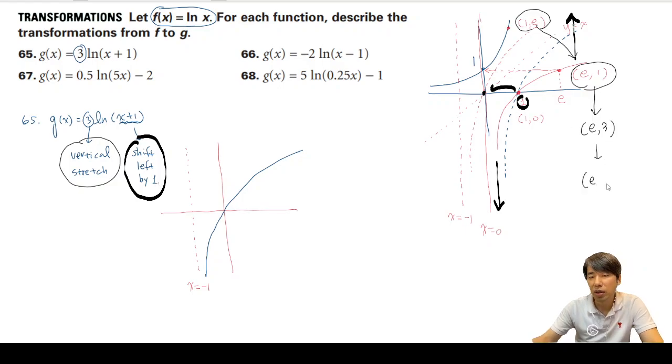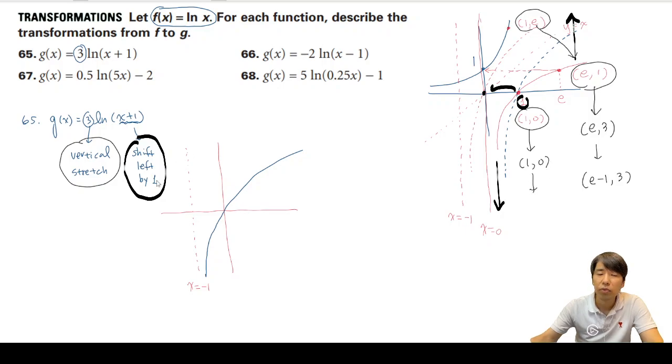So this becomes e minus 1, 3. Okay, this point right there, 1, 0, when you vertically stretch it by 3, you multiply 3 to the y coordinate, but y is 0, so it's still 1, 0.